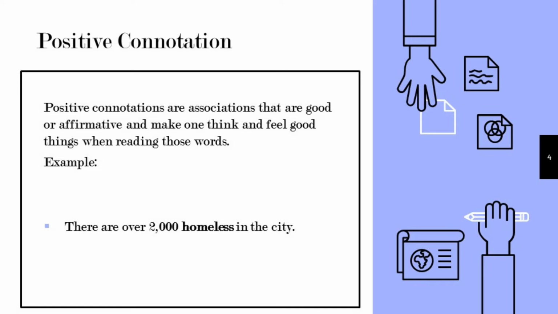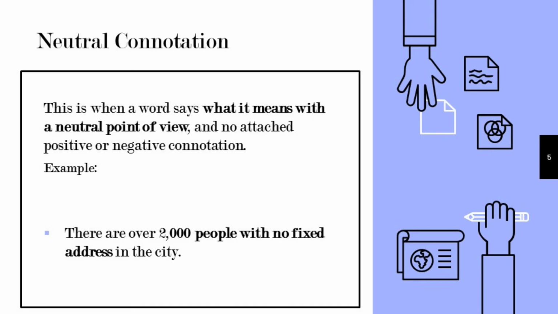So basically, positive connotations are words that conjure a favorable emotional response. For example, describing someone as ambitious or a go-getter, or someone who is lively and curious, we use the term youthful, whereas youthful implies that a person is lively and energetic.